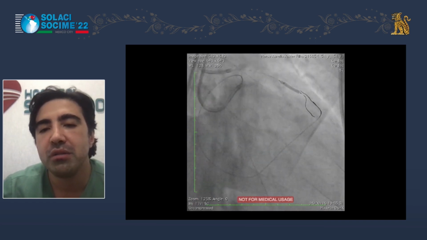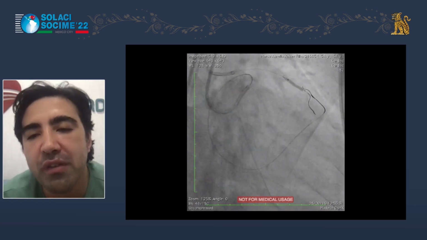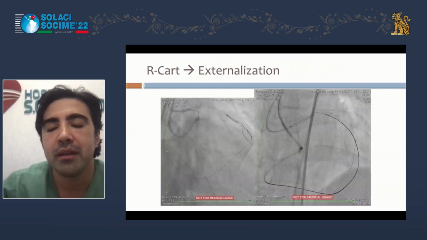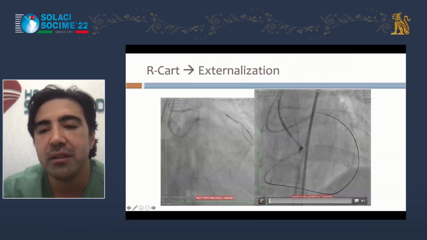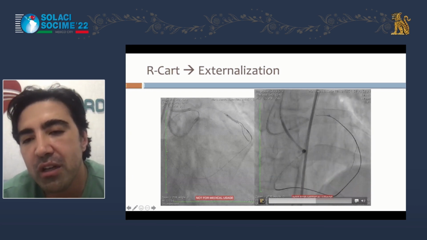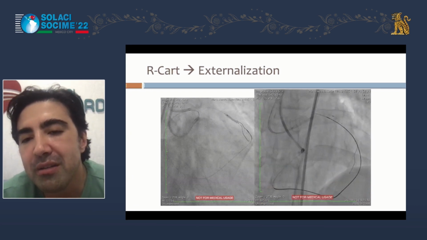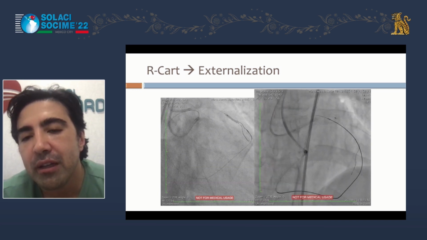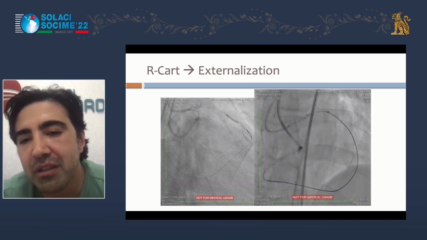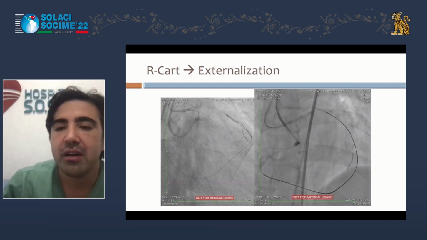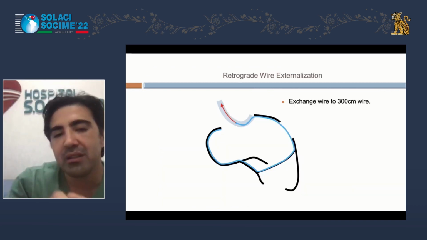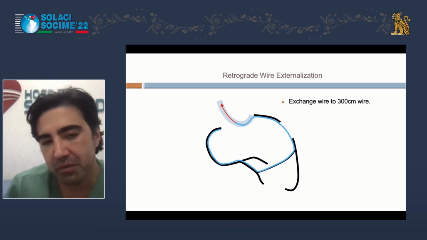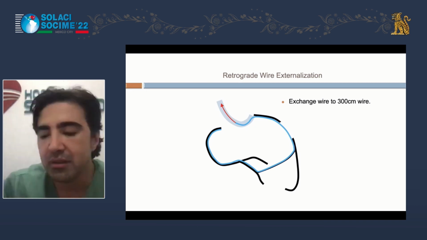Here we did a reverse CART, and after the reverse CART we could externalize, putting the retrograde wire in the antegrade catheter, as you can see here. In this figure you can see where we were in my case.